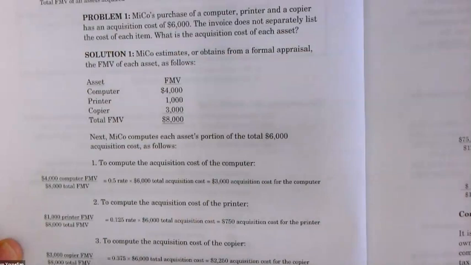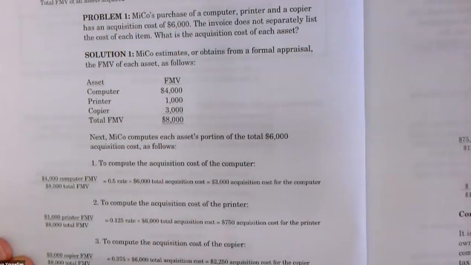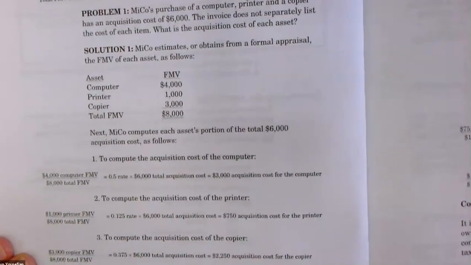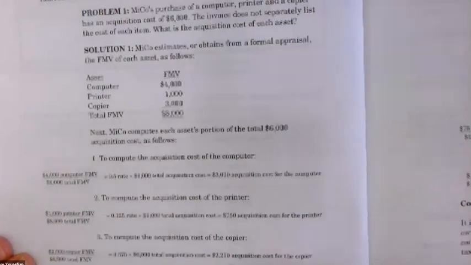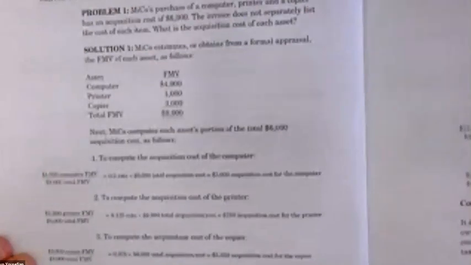And we have also copier, another machine. $3,000 is the fair market value of the machine out of $8,000 total, which gives us 0.375. That's the percentage, times the $6,000 basket purchase, and $2,250 needs to go towards the copier.